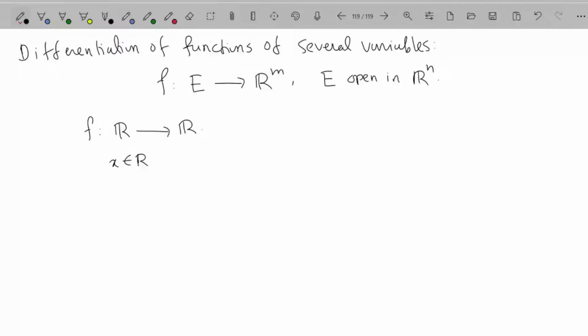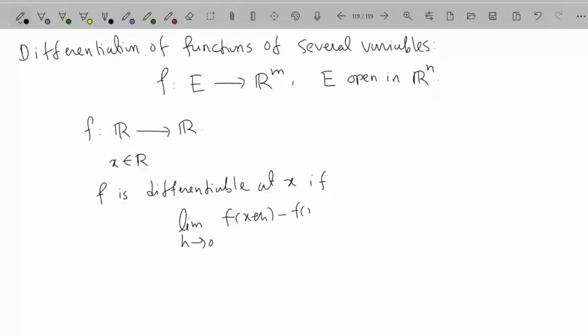So we say that f is differentiable at x if limit h tends to 0, f of x plus h minus f of x by h exists. Okay. And we say exists in the sense that it exists finitely. Okay. If this limit exists, we denote this by f dash x at that point. Okay. So derivative of the function at the point is f dash x.